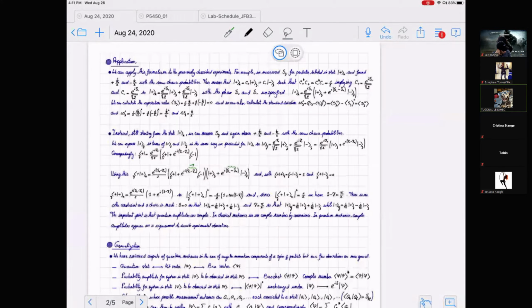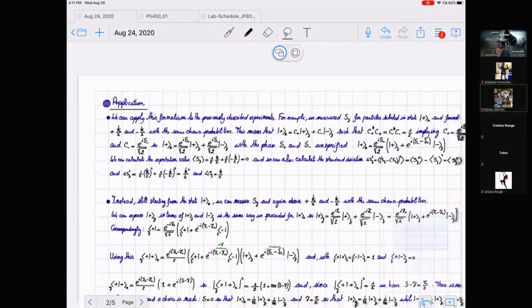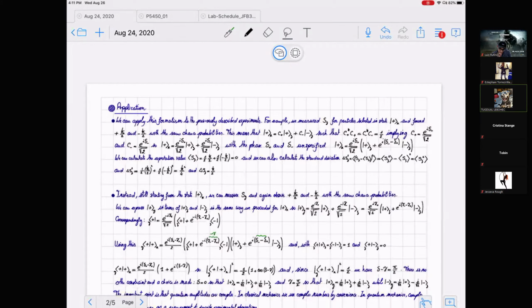Next page. So we can apply this to the discussion of the Stern-Gerlach experiment.